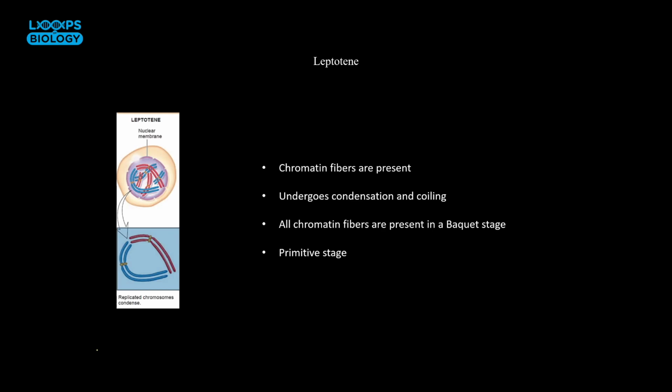First of all, leptotene is the first phase of prophase 1, that is early prophase. In early prophase, we are going to see chromatin fibers start undergoing condensation and coiling, as we have seen in mitosis, and these chromatin fibers are present in bouquet stage.